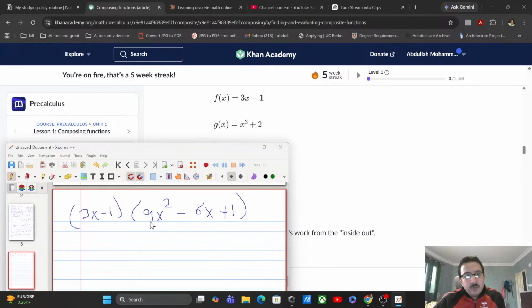Okay, 3x times 9x squared, that's 27x cubed, 3x times minus 6, that's minus 18x, and 3x plus 1.